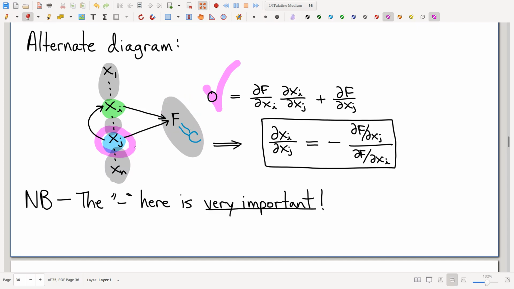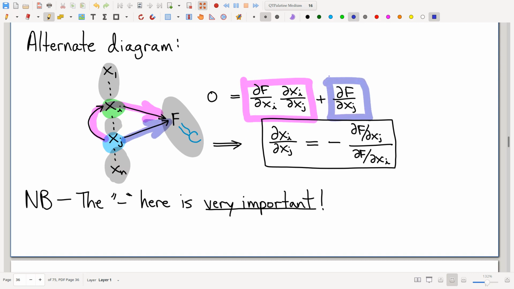Okay, here's the second answer. Changes in xj can propagate along that path, which gives that term, and they can propagate along that path, which gives that term. So the sum of those two terms is also how much f changes.